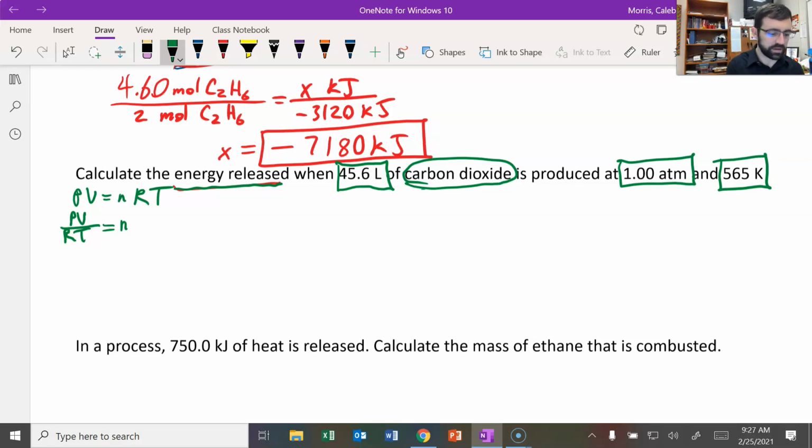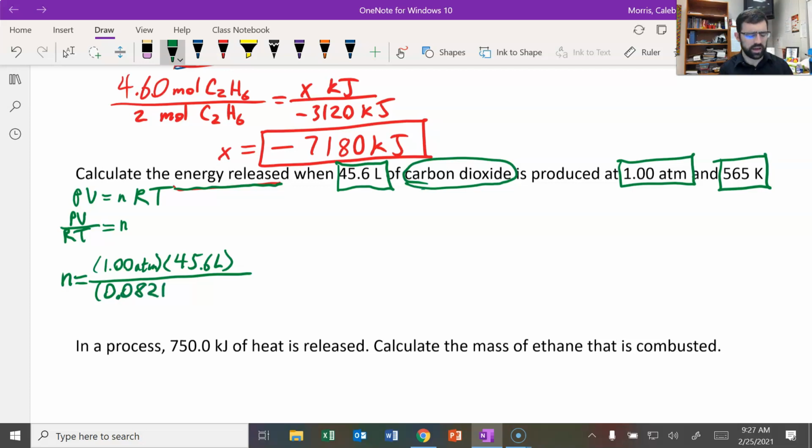Just a rearranging technique that you might find convenient for this particular problem. So n equals pressure, which is 1.00 atmospheres, volume, 45.6 liters, and then we have R, which is 0.0821.